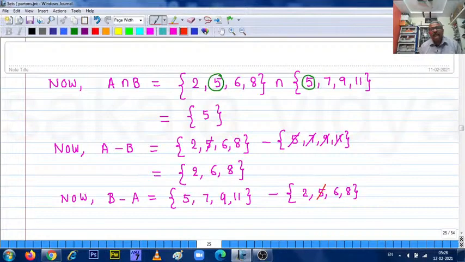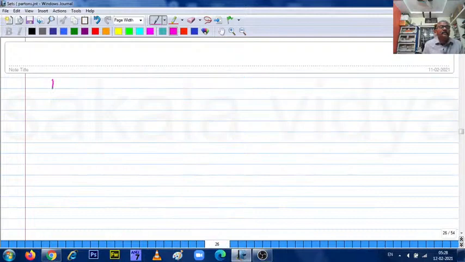So here 5 cancel, 2 also cancel, 6 also cancel, 8 also cancel. What do we have remaining here? We have 7, 9, 11. This is B minus A. Now we can even find A minus B union B minus A also. How could you find it? Sometimes that question may be asked in the examination also: A minus B union B minus A.